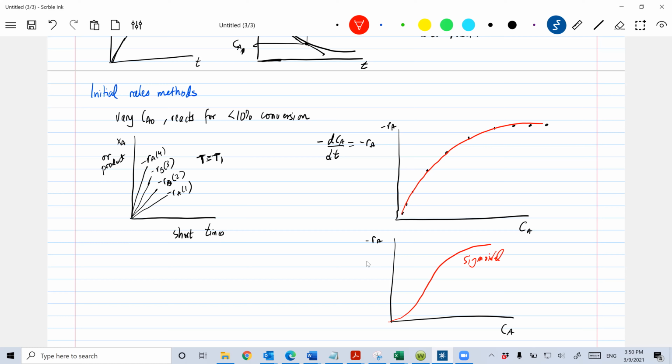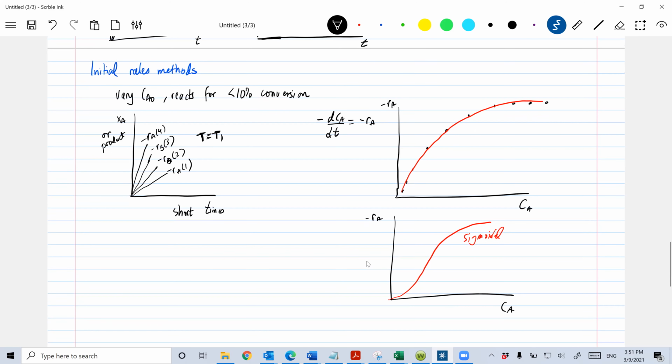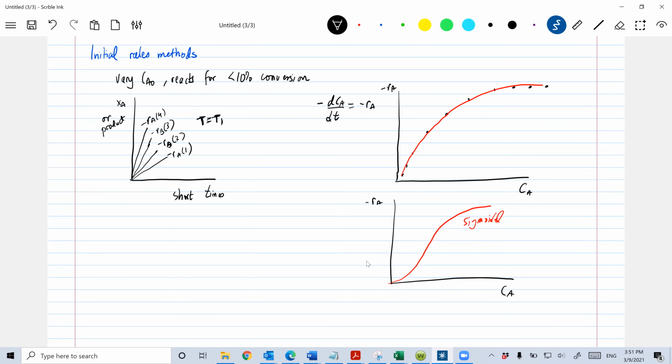So you can have different forms. The initial rate method is very useful for enzyme reactions, and that's what I use, that's what most people use. Okay.